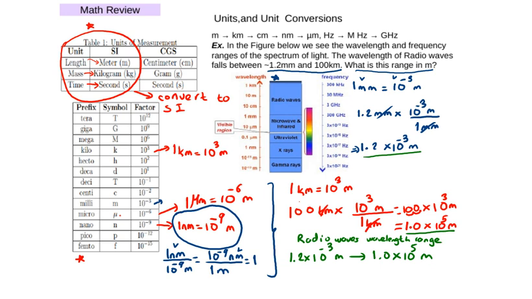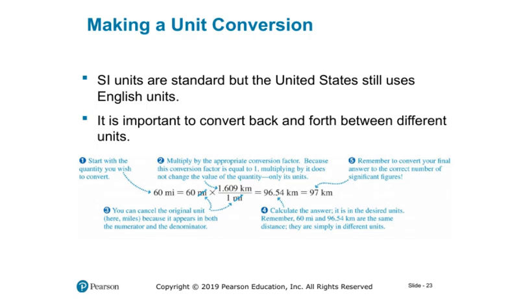Radio waves wavelength range. All right, this is unit conversion. We will be doing it over and over and over again. You guys will be experts on this, but I wanted you to get on board here.